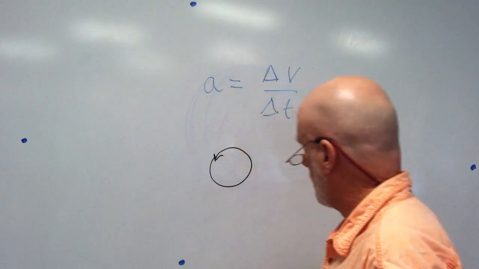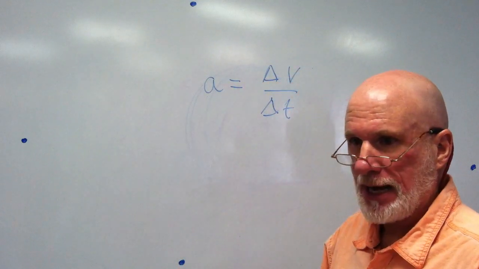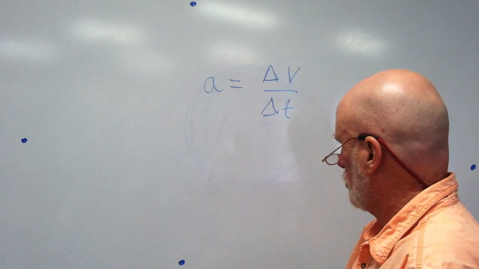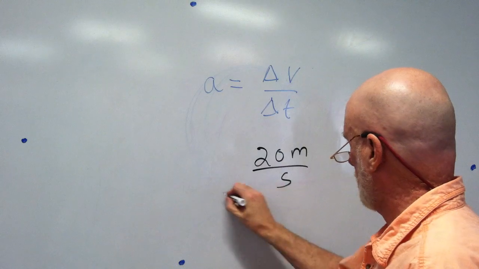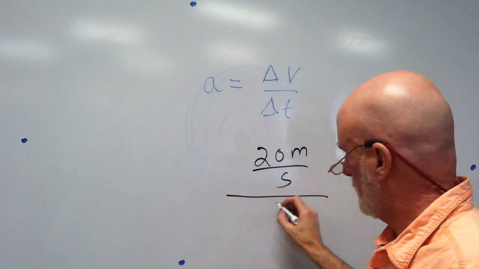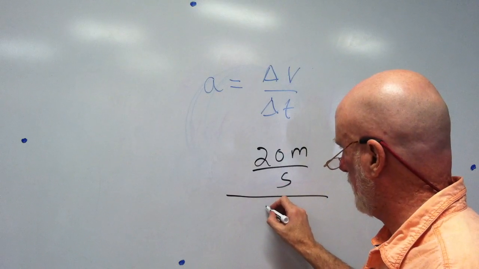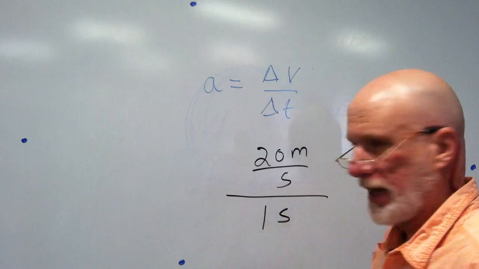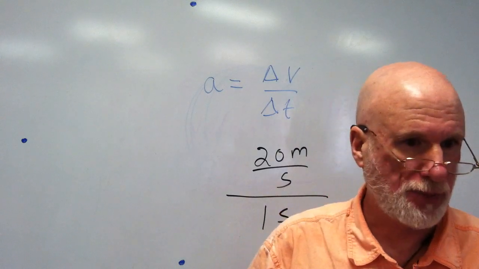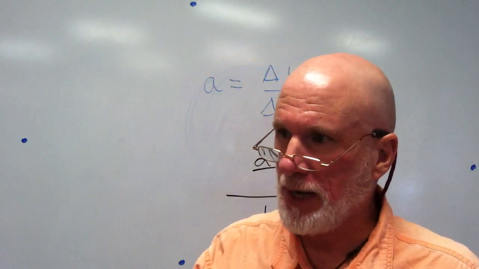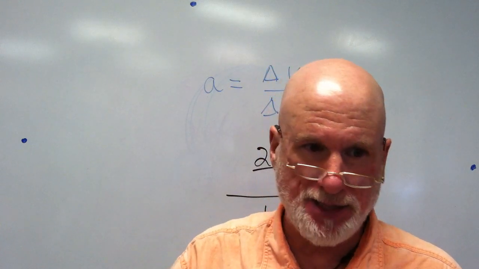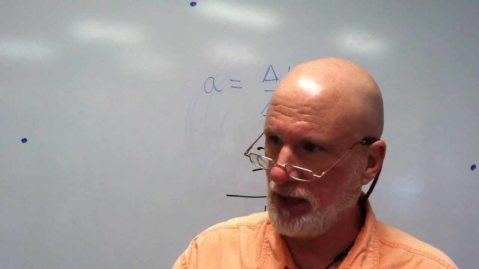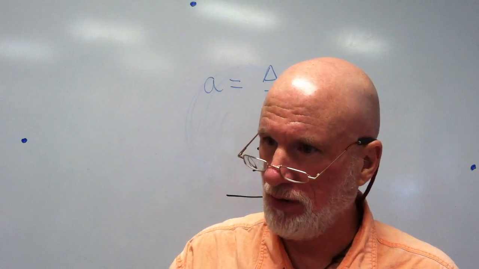I have 20 meters per second, and the time is going to be 1 second. Okay, per 1 second. Correct? But let's say it's 20 meters per second, and that's constant. What's changing if it's going in a circle?